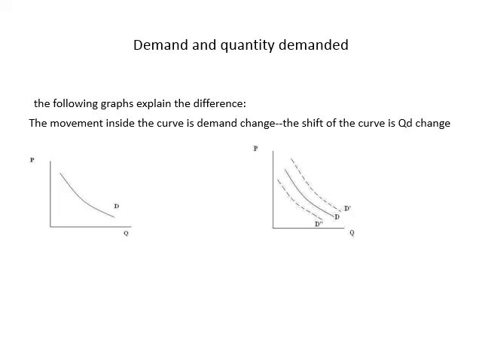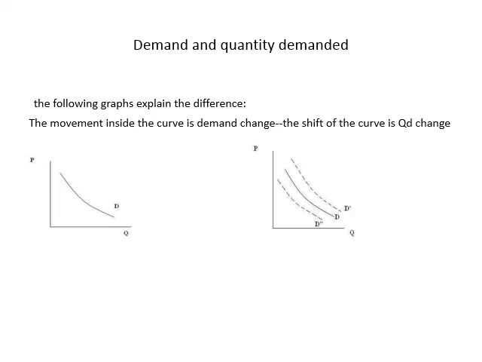The graph on the left hand consists of one curve. The movement inside the curve of D explains the change in quantity demanded as a result of the change in price.